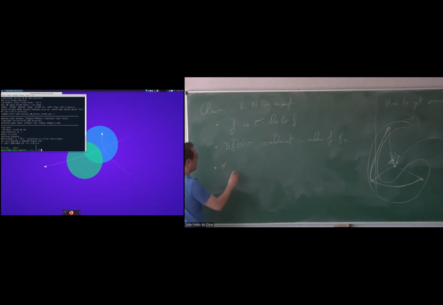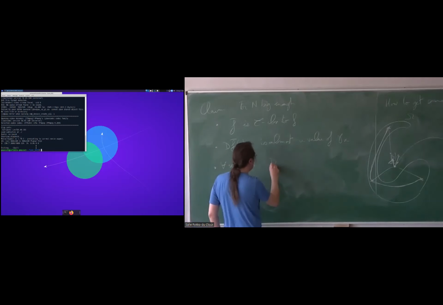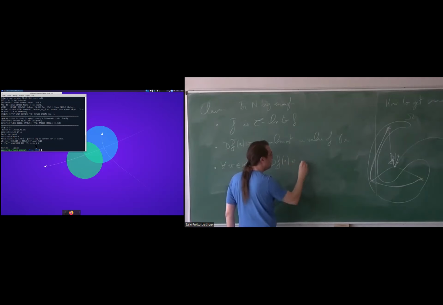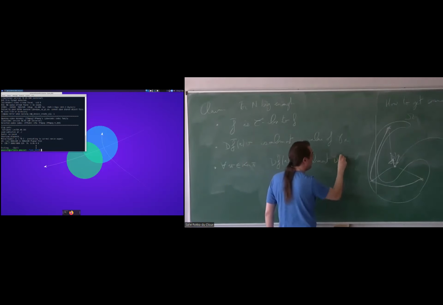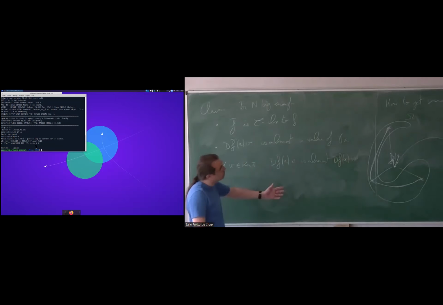And for all w in the kernel of phi, which are meant to be the directions you don't want to touch too much, the derivative of f bar at x evaluated in w is almost what you started with.